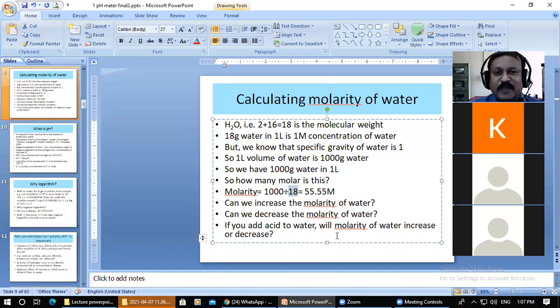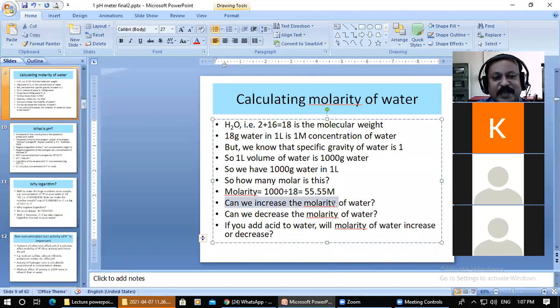In other words, if I give you 1 liter of water or 1 kilogram of water and ask you the molarity of that, how many moles of water it is, then you are going to tell me that it is 55.5 moles of water. Is it right? Okay.